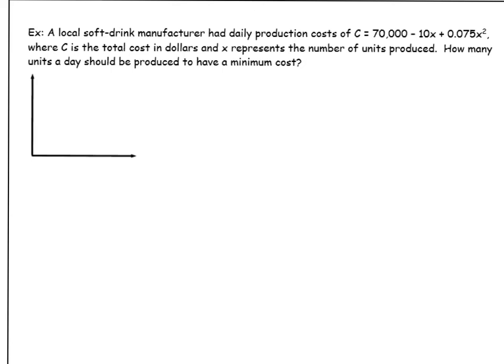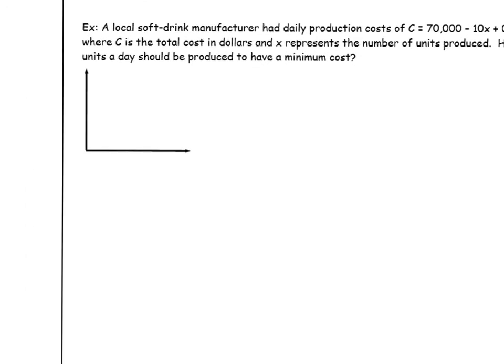So again, I'm going to make a basic little sketch here. What the problem is describing is the x value would be like the units. The y value would be like the cost. So this graph is doing something like this.